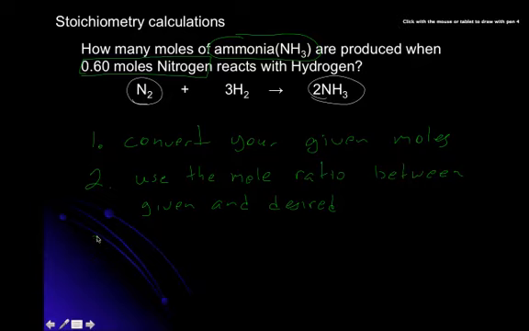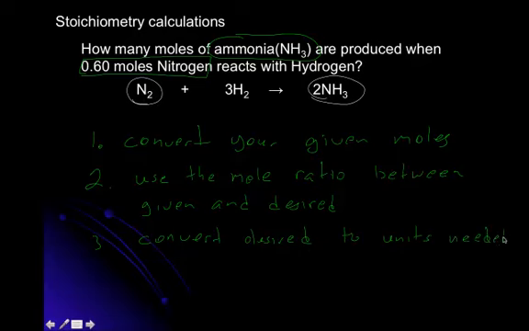And then step 3, you will simply do another mole conversion: convert the desired to the units needed. In this case, we've been asked to find how many moles. Well, this is easy.